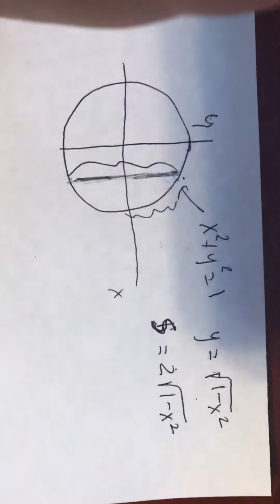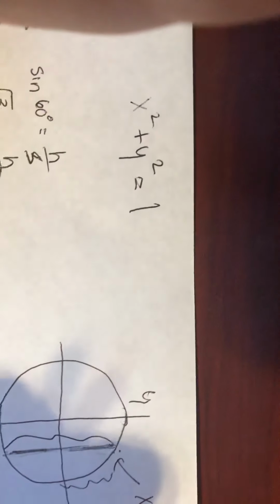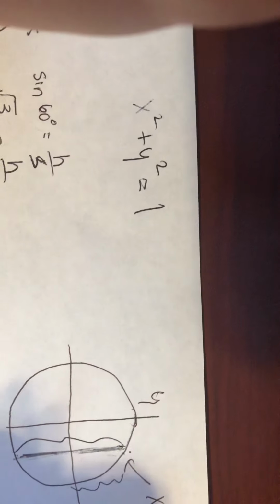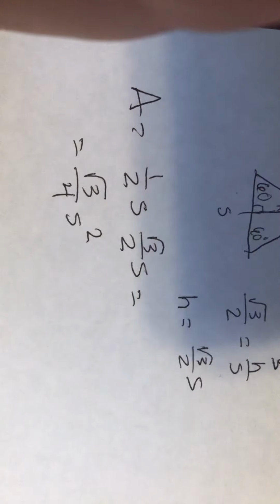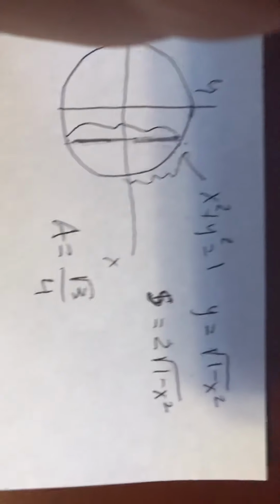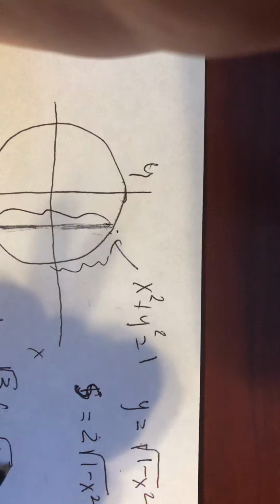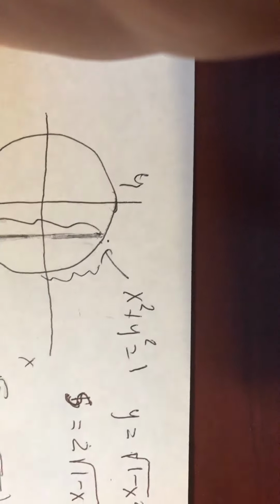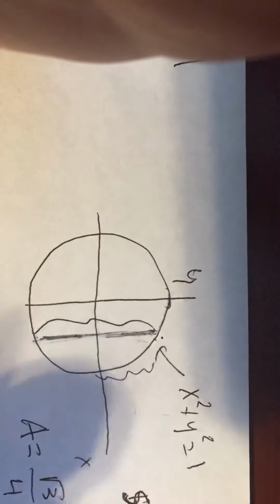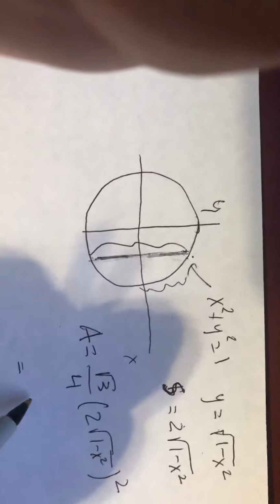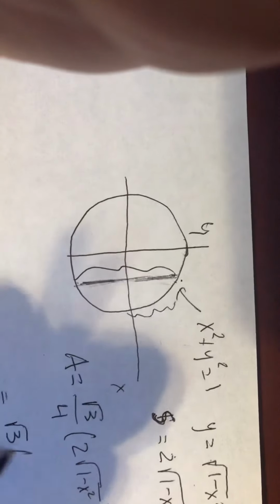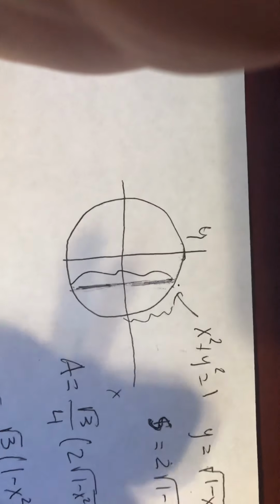Now, if I use that and plug it into that, I will get the area of each of my triangles. So it's the square root of 3 over 4 times 2 times the square root of 1 minus x squared, squared, which gives me, when I simplify this, square root of 3 times 1 minus x squared.